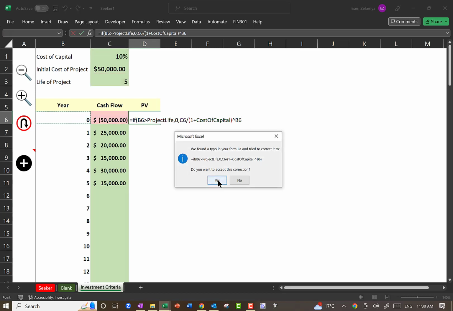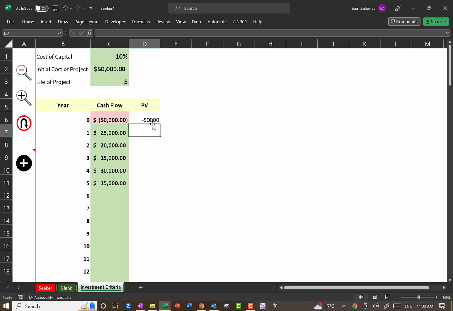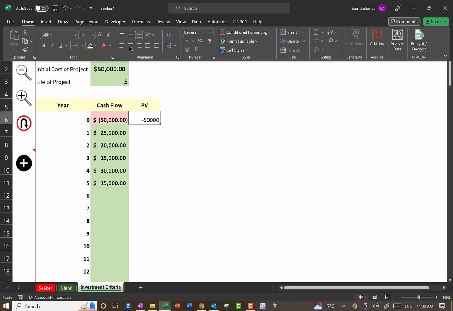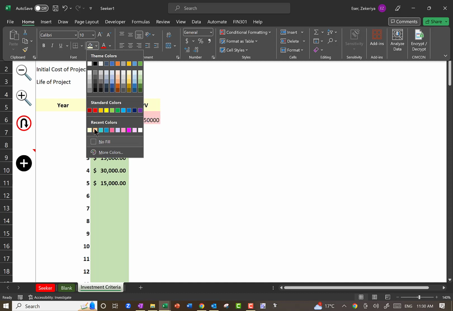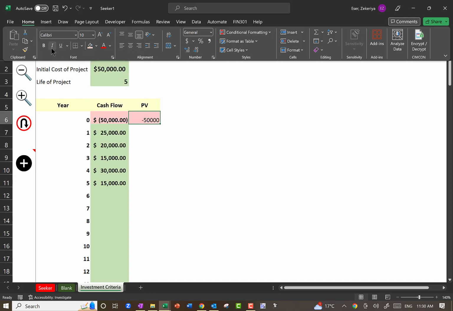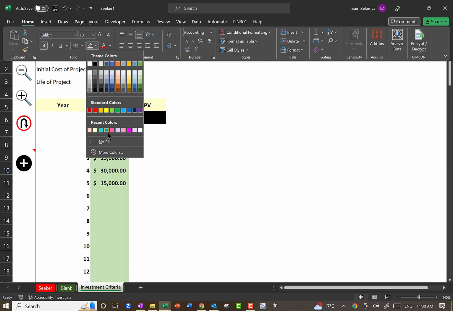Oh yeah, I should have added the last parenthesis. Make that pink, bold. Actually, I want to make it a different color.